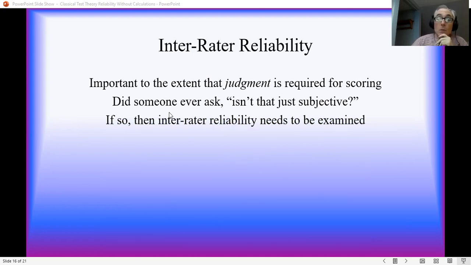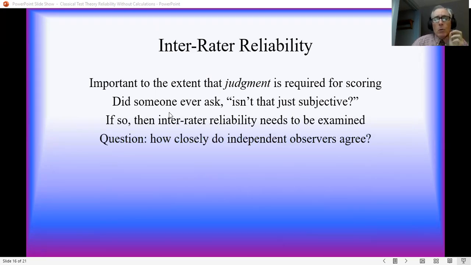Well, that's an empirical question. It's worth asking. We should, in fact, look at the inter-rater reliability of gymnastics and figure skating coaches, of bank loan officers and grant funding agencies, and college professors and high school teachers. Yeah, we should.